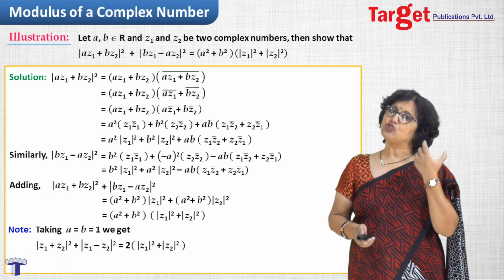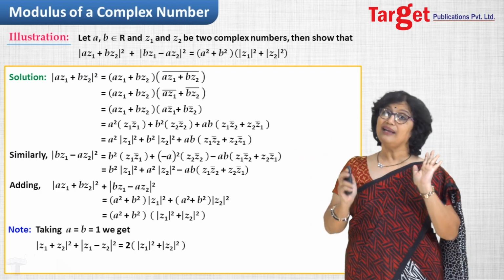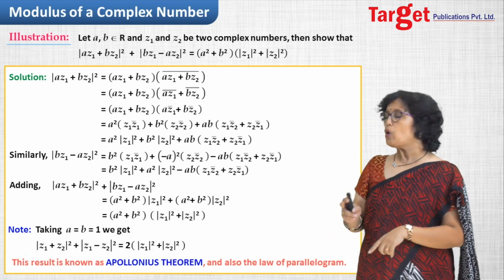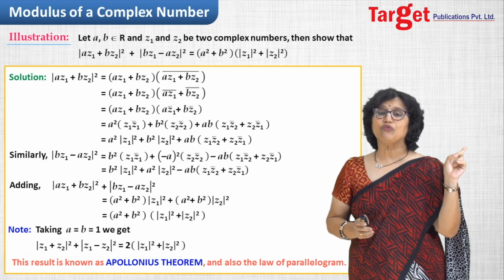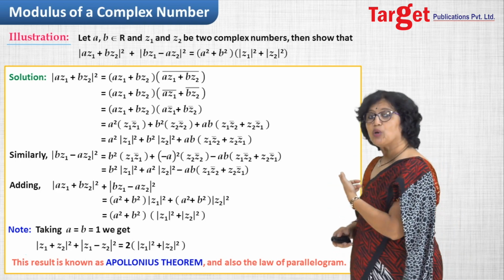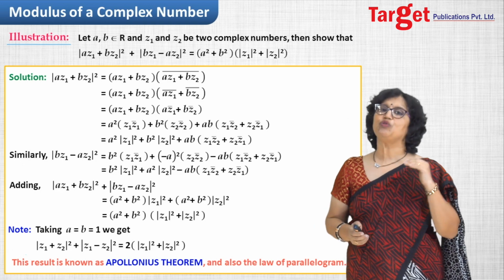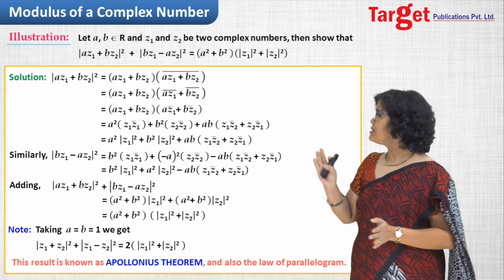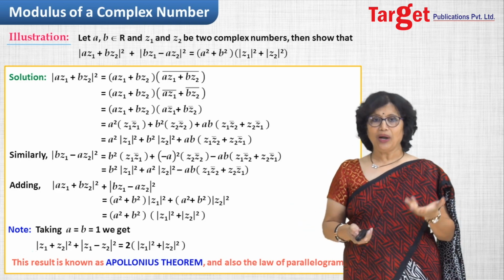When we go for geometrical interpretation, this result turns out to be extremely important and a nice result to be remembered. This property is also called Apollonius theorem. You remember, we have seen this in real numbers also, and it is also named the law of parallelogram. I am not getting into more details because we have not yet done the geometrical interpretation. When we do, this result will be beautiful to understand.